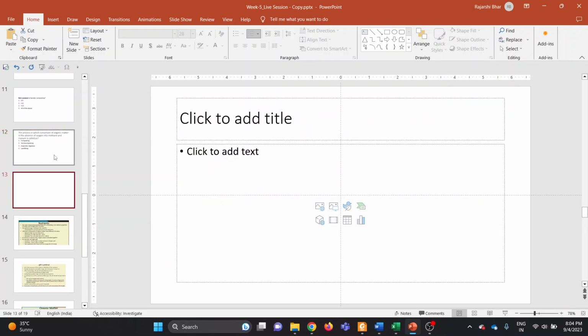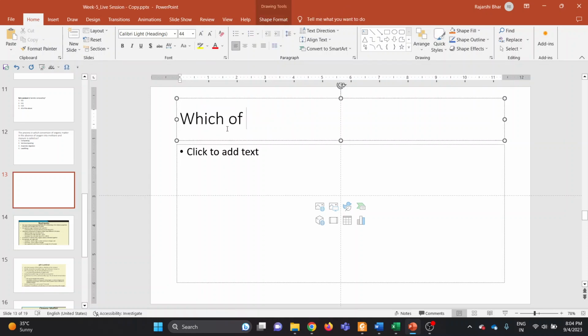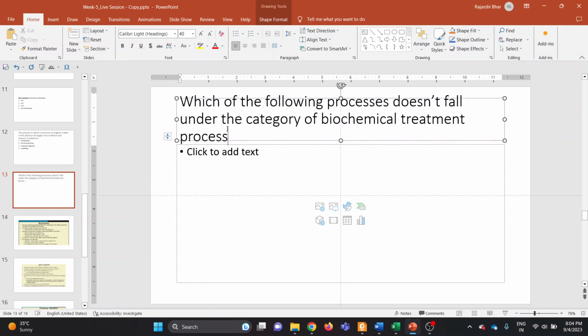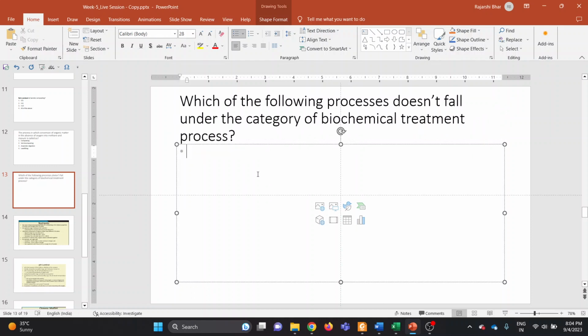Fine. So the next one, which of the following processes does not fall under the category of biochemical treatment?